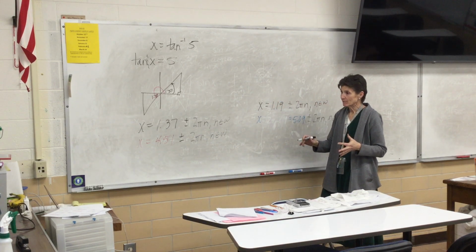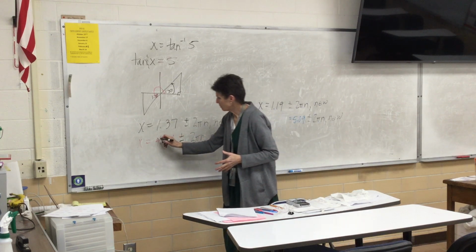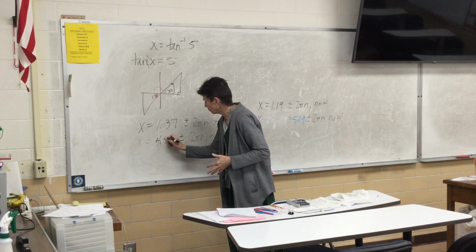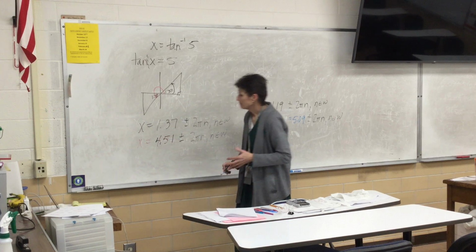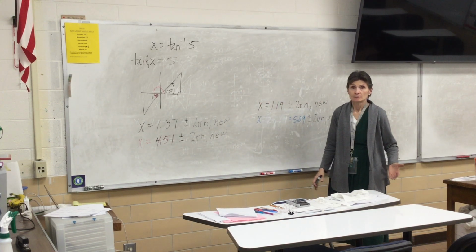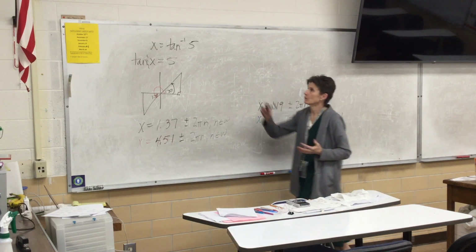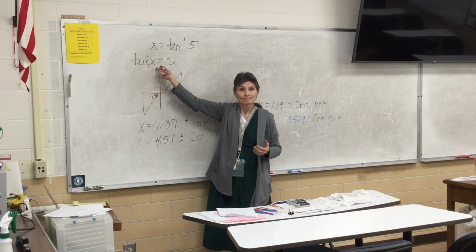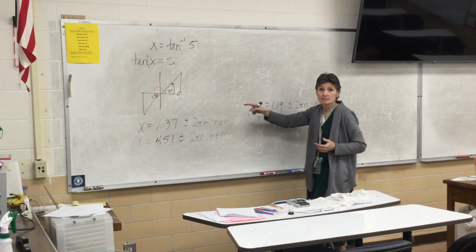And that's going to give me, I don't know if the video picks this up or not, that's 4.51. That's going to give me all of the angles, every possible answer to this question right here, in radians.